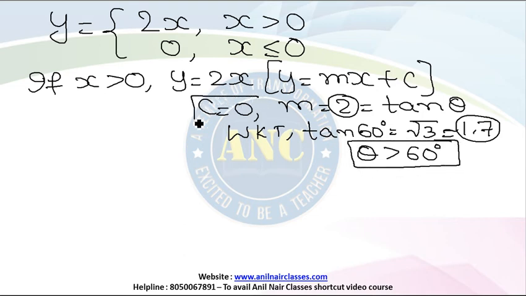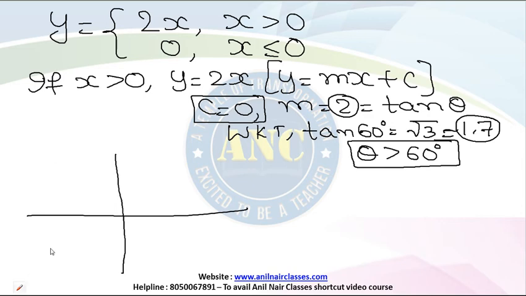And c value is 0 means it is a straight line passing through origin. If I represent in coordinate axis, it is a straight line passing through origin and it is an angle which is slightly greater than 60 degrees. This is the equation or a representation of a line. Y is equal to 2x, right? Now y is equal to 2x if x is greater than 0.